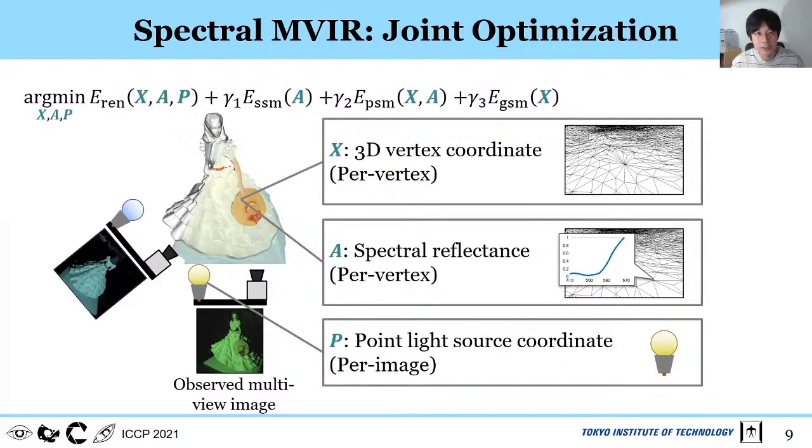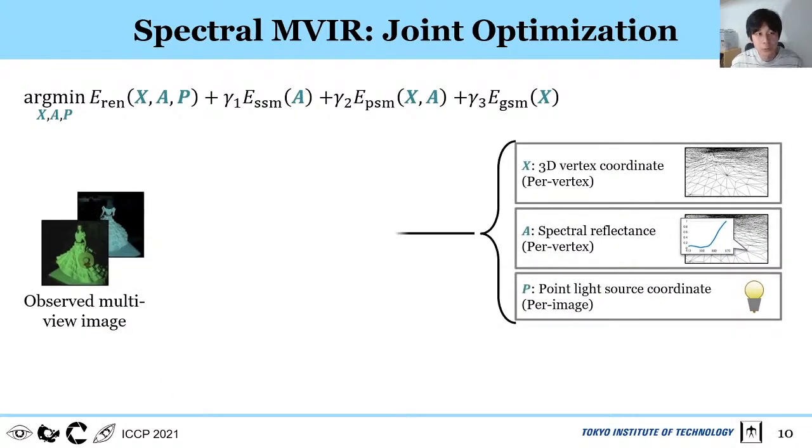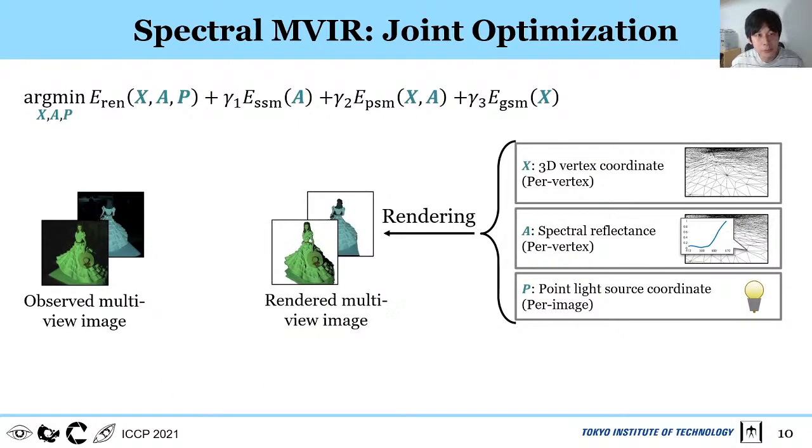The optimization parameters are the per-vertex 3D coordinate, per-vertex spectral reflectance, and per-vertex point light source coordinate. We can render multi-view images from the optimization parameters.